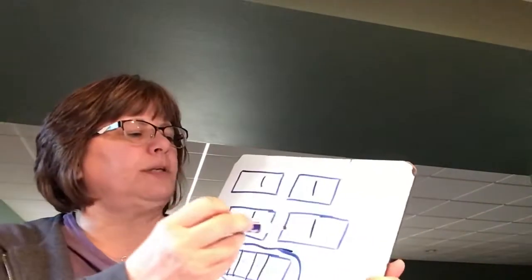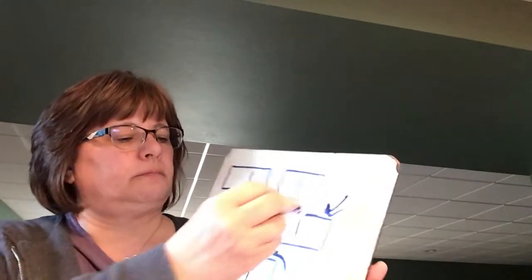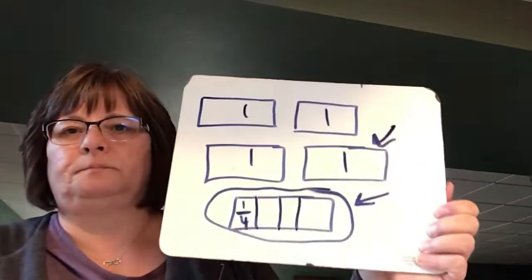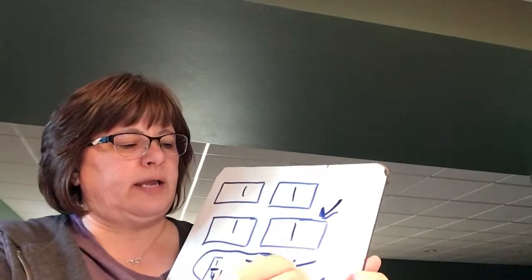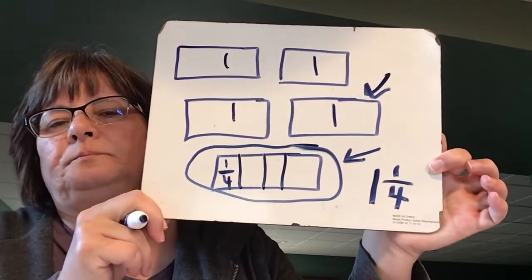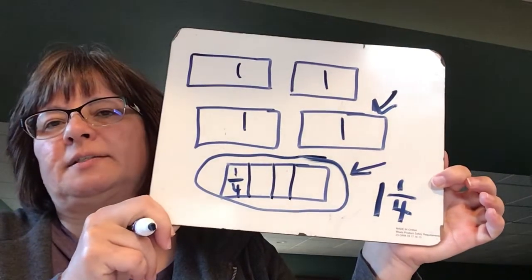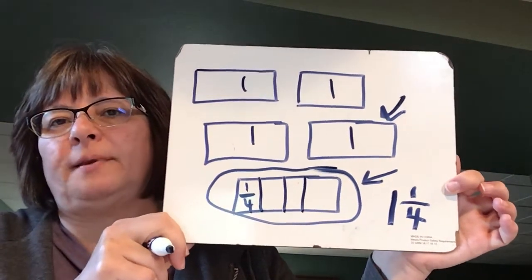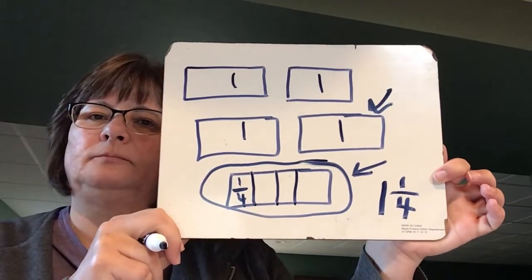So one person will get one of these and a piece of this. So each person gets 1 granola bar and 1/4 more, which actually is the same as 5 fourths, but that might be a 4th grade thing you get into. Okay, so those are 2 different ways that I can solve that problem.